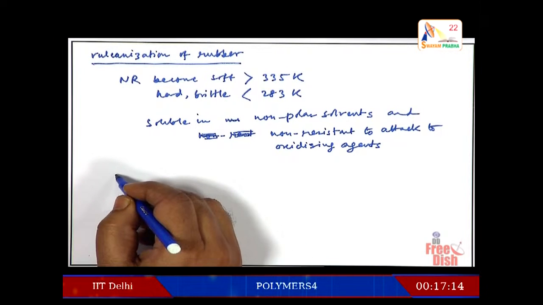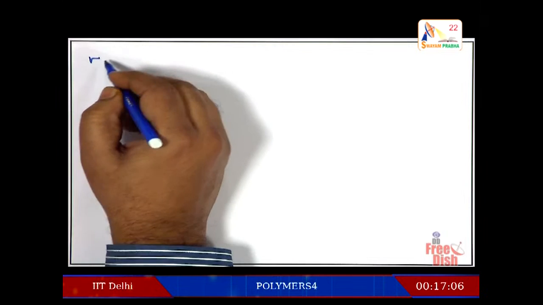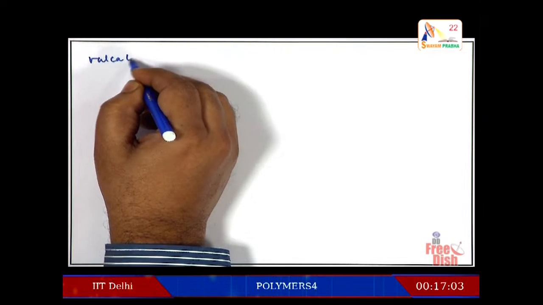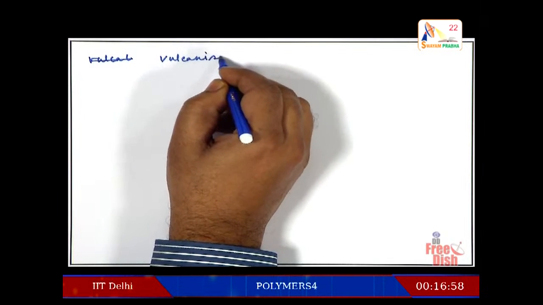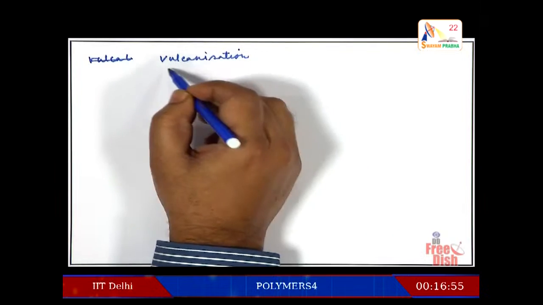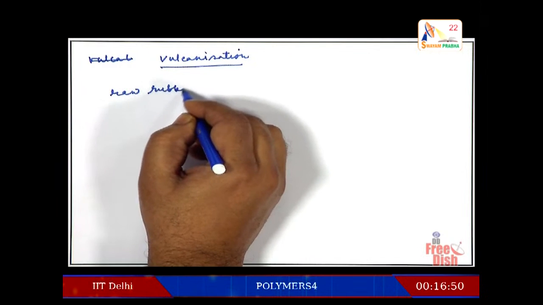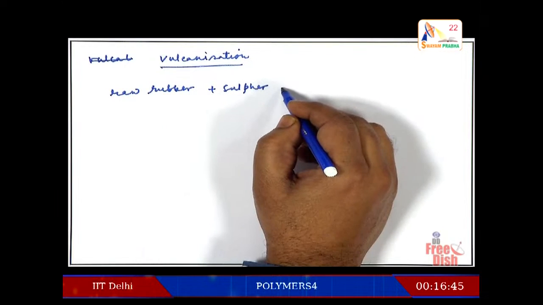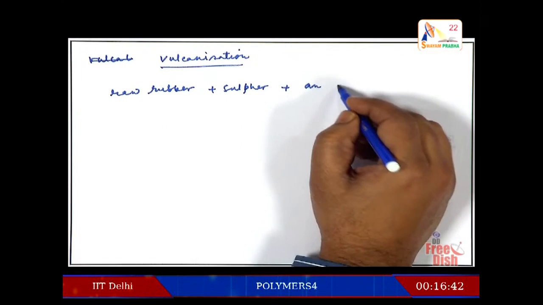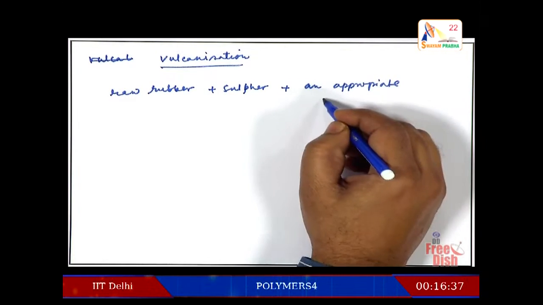So, you take the raw rubber, maybe I can do it in the next page. So, vulcanization is you take the raw rubber plus sulfur plus an appropriate additive, which basically accelerates this cross linking process.